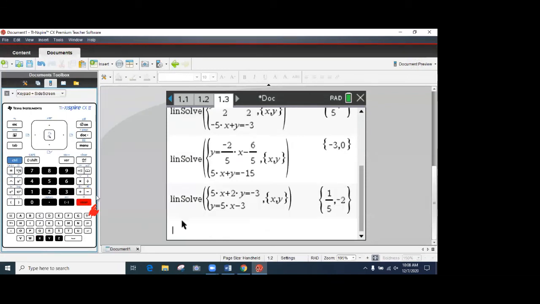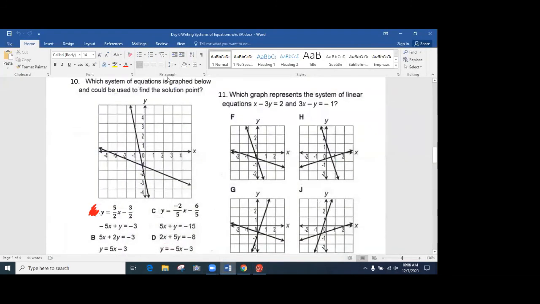Hit enter. Okay, so this says 1/5 and -2. Now, I have no idea where 1/5 is at, but I know it's positive. And so 1/5 would be on the positive side, somewhere over here. And then -2 would be down here. So it's probably D, but let's see.